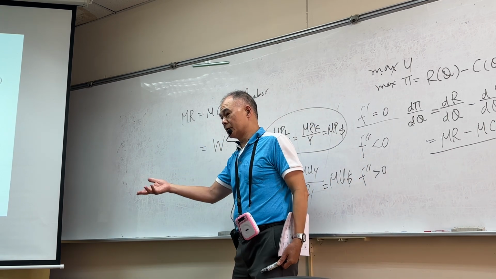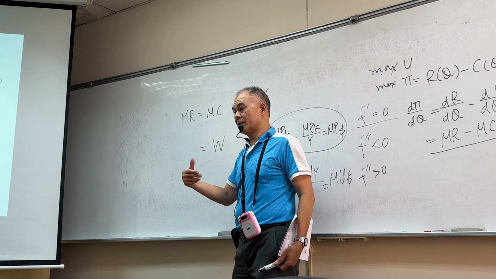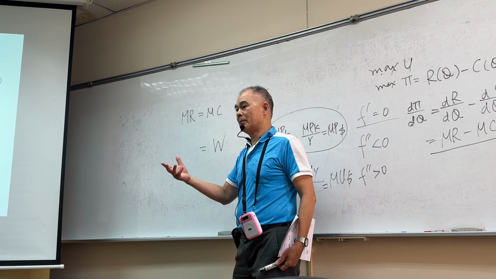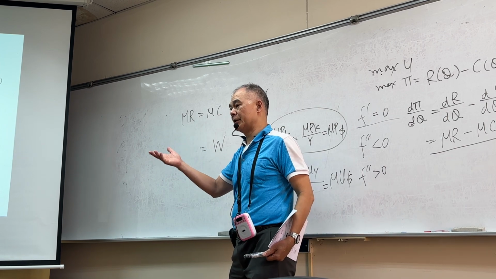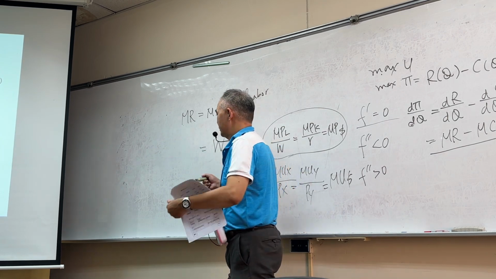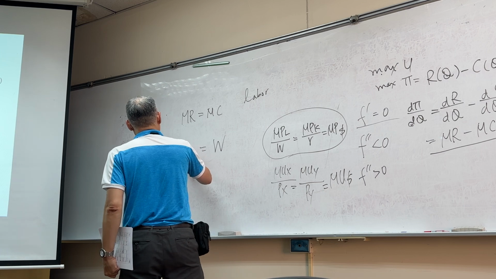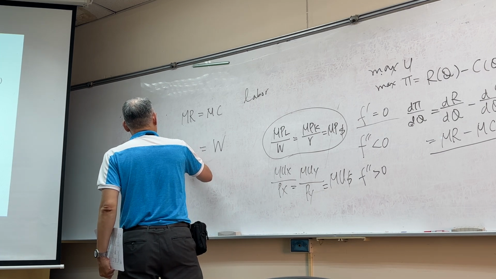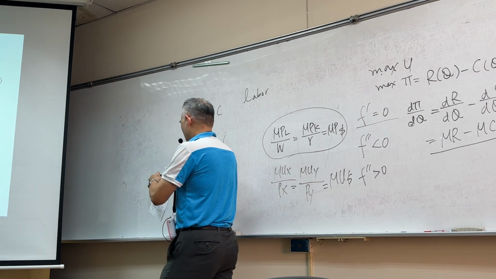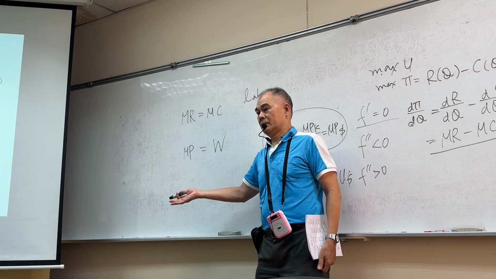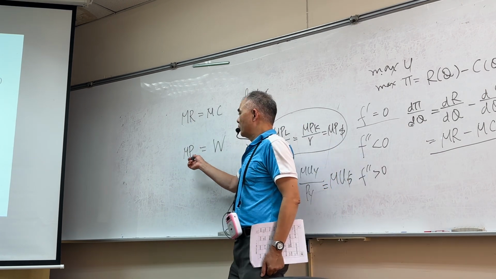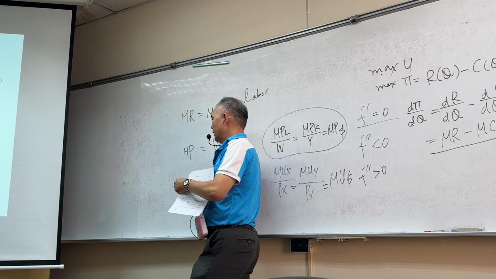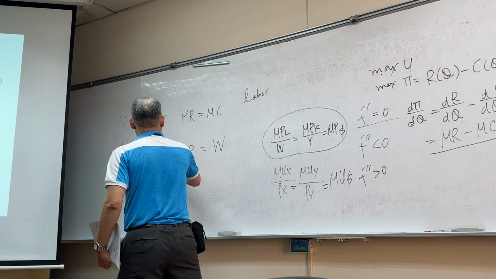I hire a worker, he produces goods for me, and I'm talking about marginal product. So for each hour or each day, depending on the unit you hire, this is the output he's going to offer you. And this output is going to be sold in the market for a price.